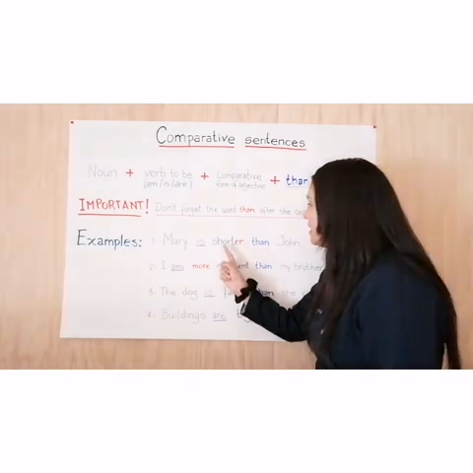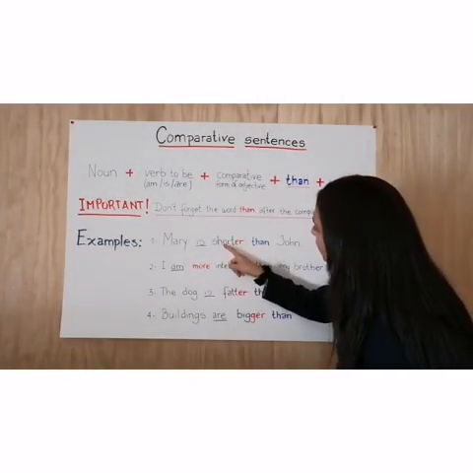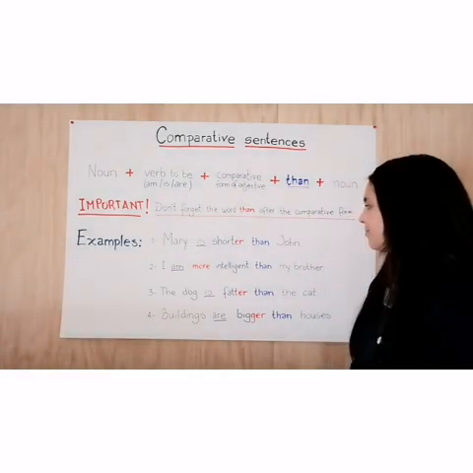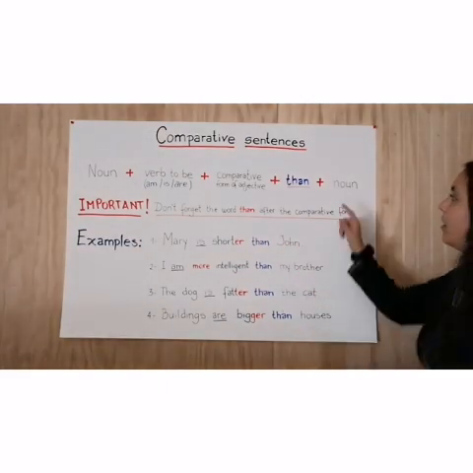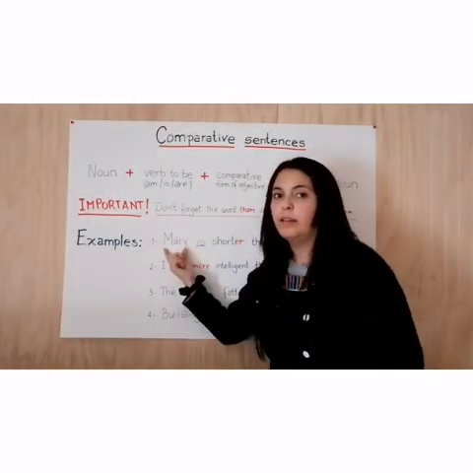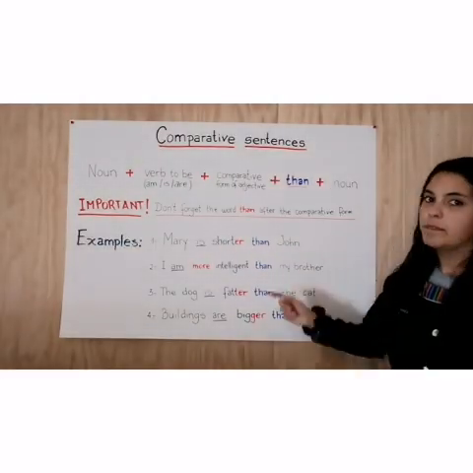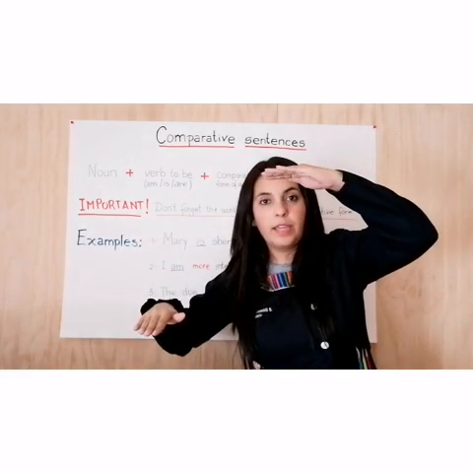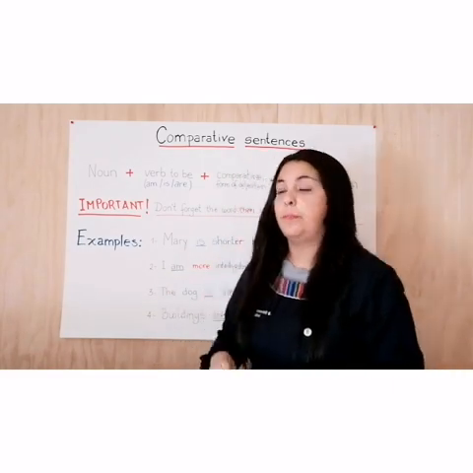It doesn't have the CVC, because it should be CVC, but this is a vowel, it's not a consonant. So we just add ER. The word than, that is very important. And the other noun, John. We are comparing Mary and John. Mary is shorter than John. We are comparing 2 people.